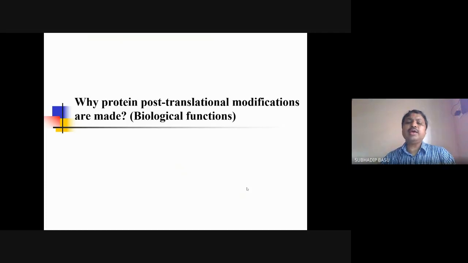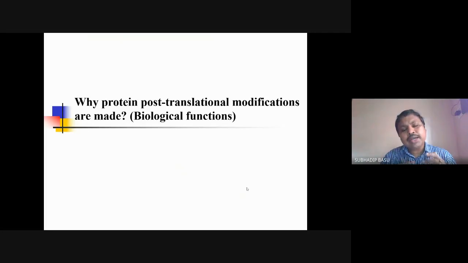So why are post-translational modifications made? We have already discussed some of them, and we'll discuss more of the biological perspective with certain examples. But to be honest, some of these examples are just for information purposes, because if you need a more detailed study, you can definitely go into them.